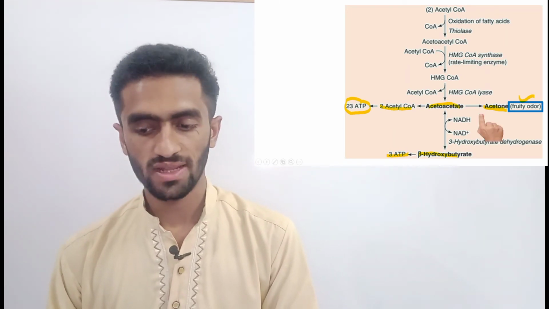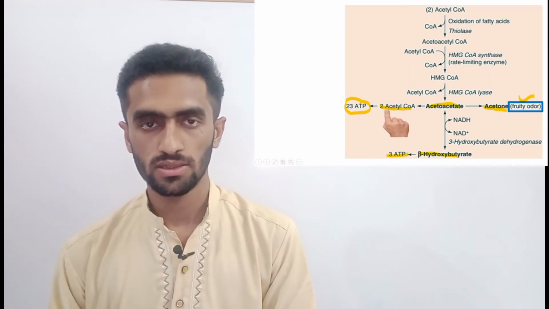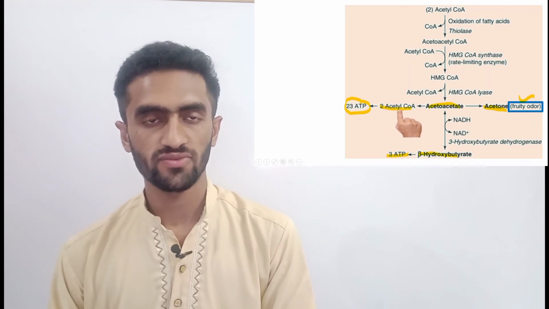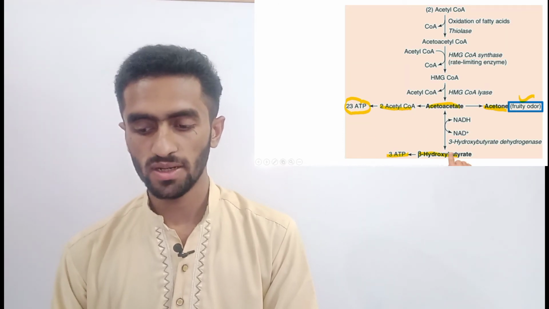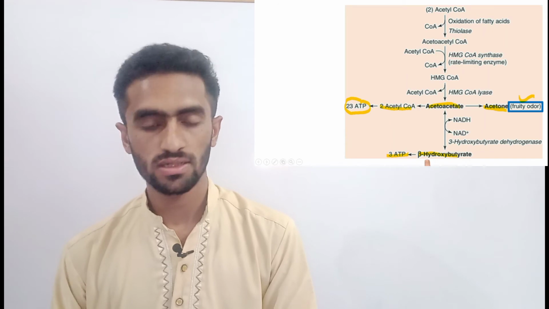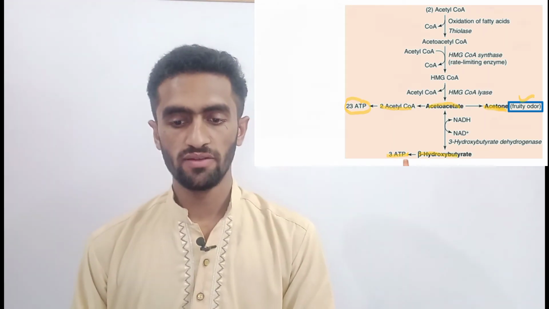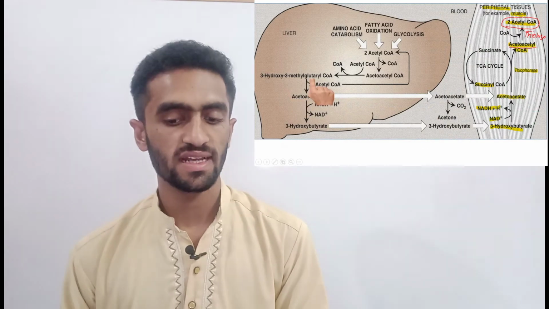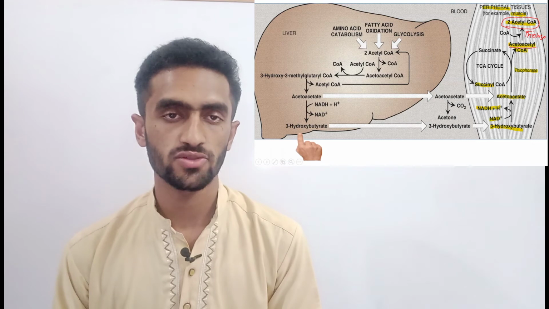Acetoacetate is utilized to produce 2 acetyl CoA, which finally produces 23 ATP, while on the other hand beta-hydroxybutyrate generates 3 ATP. In the liver, acetoacetate and 3-hydroxybutyrate are produced, but they are not utilized by the liver.